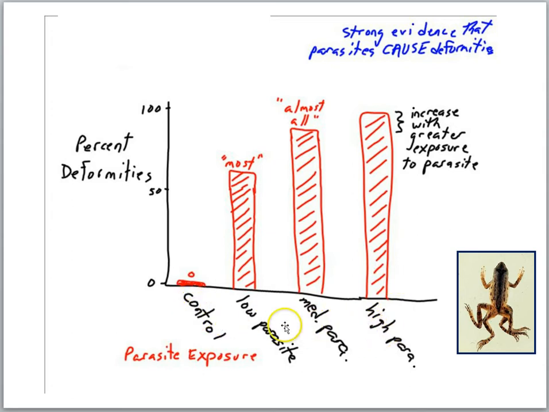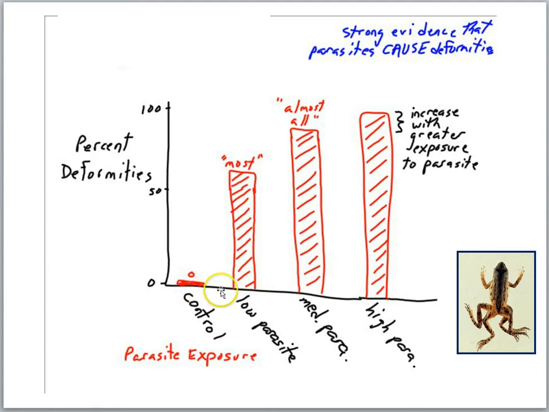Now if you just take a look comparing the control to the experimental conditions, the fact that we get deformities in all 3 of the experimental conditions and no deformities in the control condition, that is strong evidence that parasites are causing the deformities.